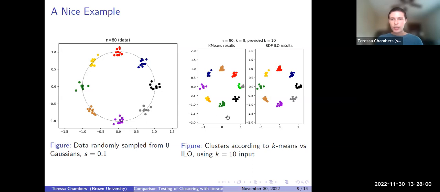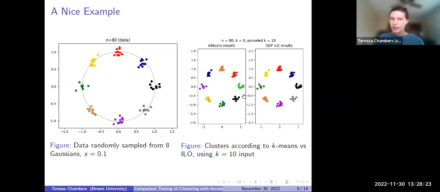For k-means, when I told it to look for 10 clusters, excuse me, it did in fact spit out 10 clusters, which is very reasonable. You can see that it went ahead and found all 8 of the true clusters pretty well. It's not mixing and matching points from different clusters, which is great. It's always nice to see.